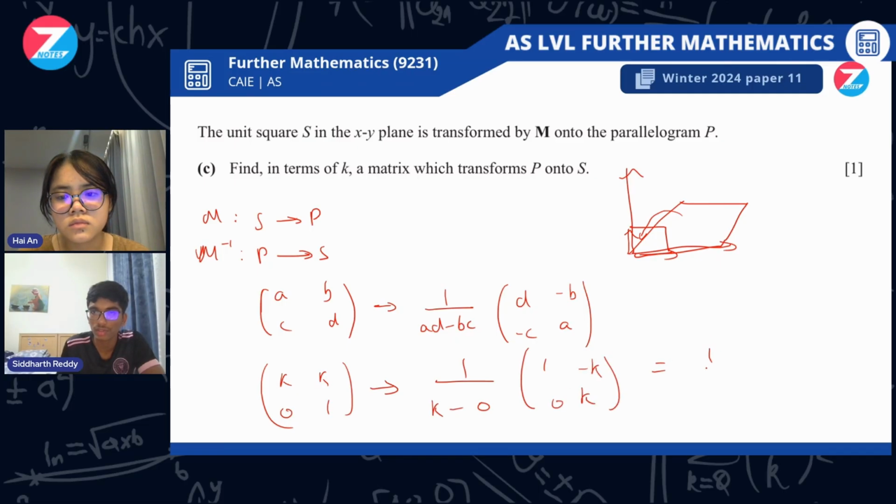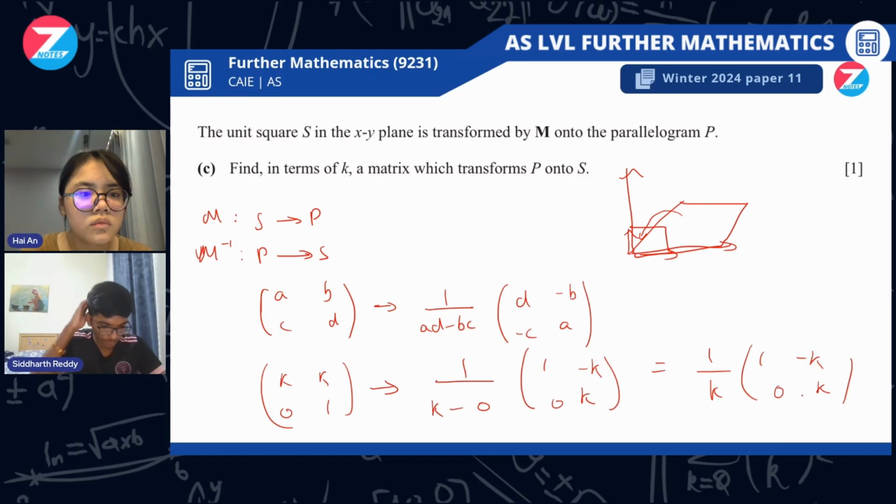This just becomes 1 over k times [1, minus k; 0, k].